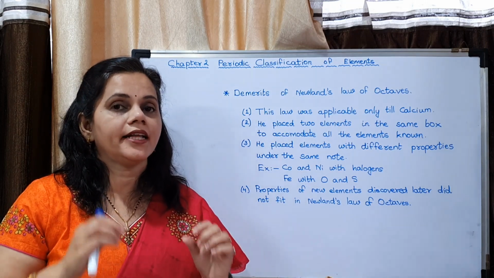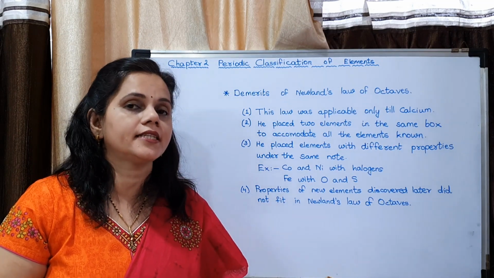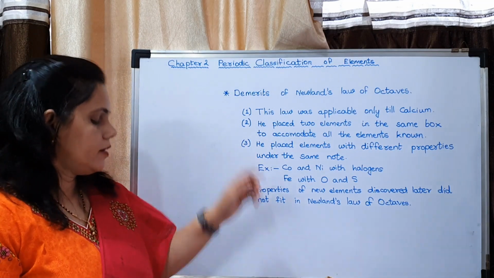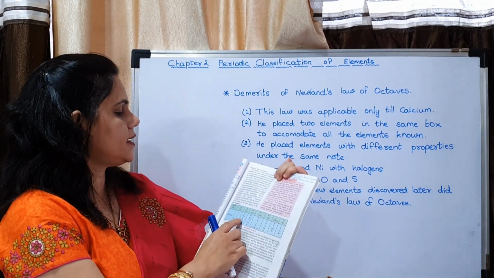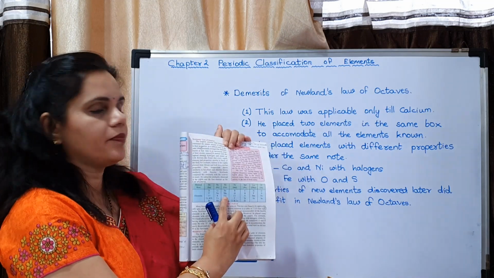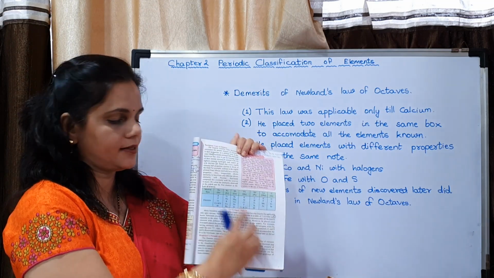That characteristic was applicable only till calcium. Where is calcium in his periodic table? You may see it is here, in the periodic table given by Newlands.